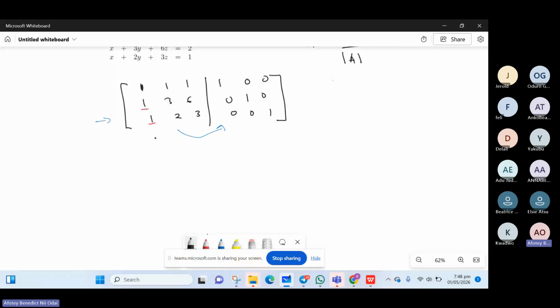We can actually do R2 minus R1, which should give us the new R2. And we can also do R3 minus R1, and this should give us the new R3.